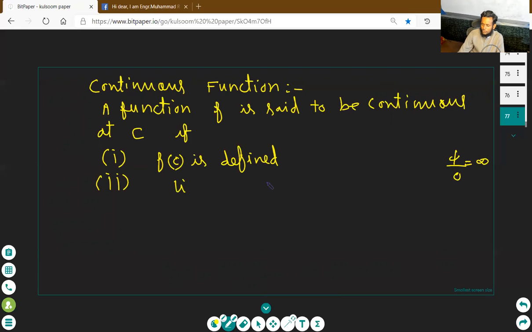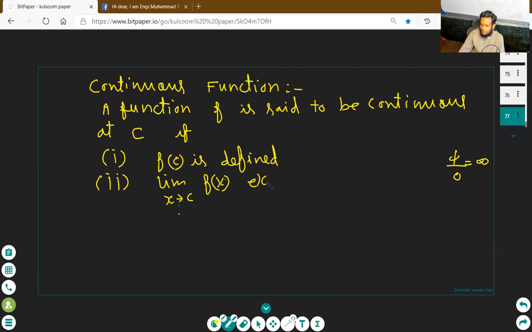limit, you know, left hand limit and right hand limit. We approach x from the negative side, and then our f of x equals L. The limit exists. When the limit exists, when limit x approaches c, f of x exists.